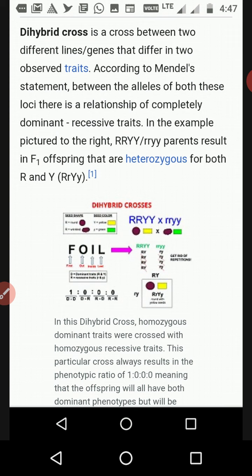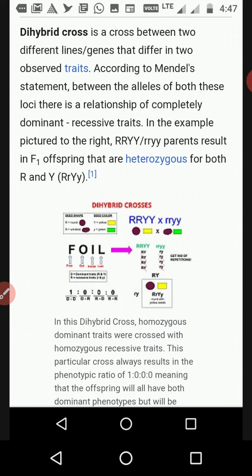That is called the dominant trait, and in the F1 generation the genotype factors are always heterozygous. So always remember, the parent generation is always homozygous or pure breed, and the F1 generation is always heterozygous.